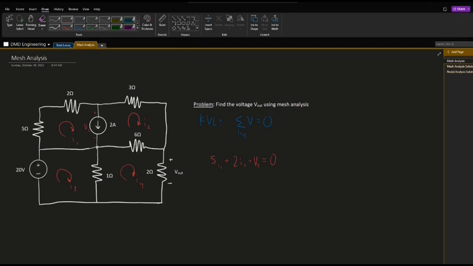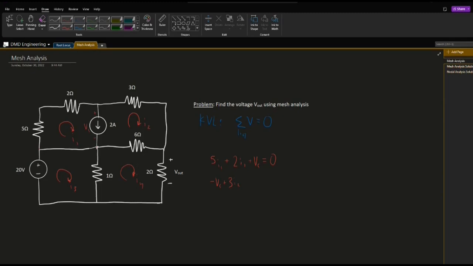Then we can write out our I2 loop. Starting at the bottom left corner, we go up this way, and this time we hit the negative sign of VC first, so I'll write minus VC. Then we come around to the right over here, see the 3 ohm resistor, and since resistors are positive, plus 3I2. Then we continue around, nothing over on the right side, and then we have the 6 ohm resistor.